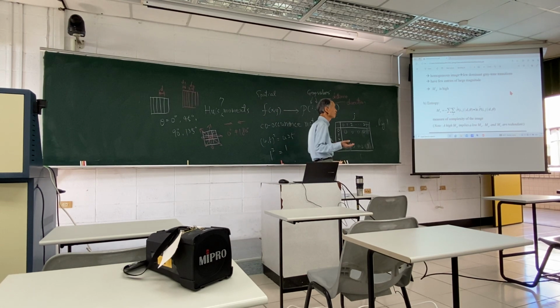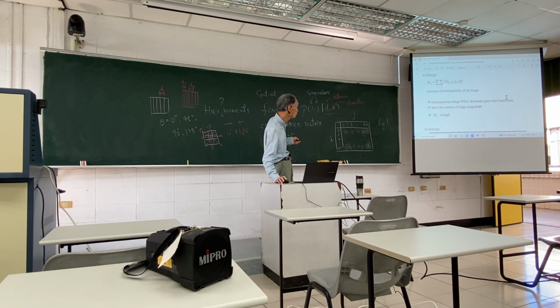That's how we define the entropy: the probability times the log probability, for all possible joint outcomes from gray value i to gray value j. As I just mentioned, entropy is used to measure the complexity. So for the white wall, the entropy will be very small. But for the white ceiling, the entropy will be very large. Keep that in mind.